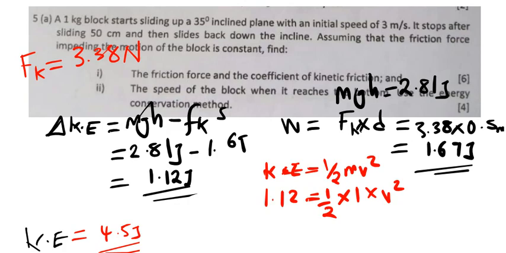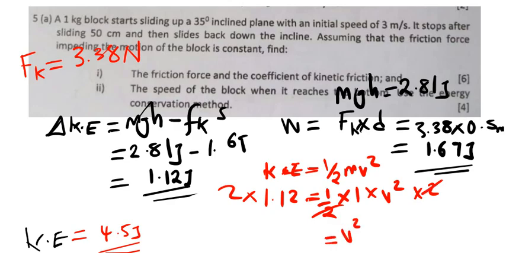Or I can just multiply by 2 on both sides. This side multiply by 2, so that the half and the 2 go. So I just remain with my v squared on this side.